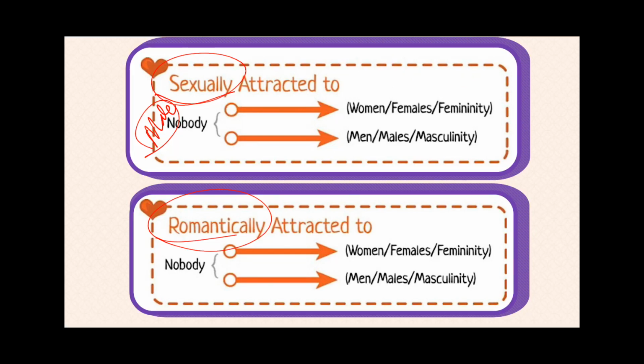Next, if I am male and I am attracted to women and I'm also attracted to men, regardless of the extent, then I can be considered as bi or bisexual. Okay? So again, bisexual does not mean kailangan pantay na pantay ang iyong attraction sa magkaibang sex.